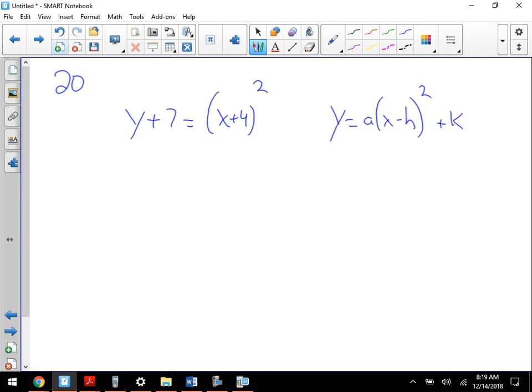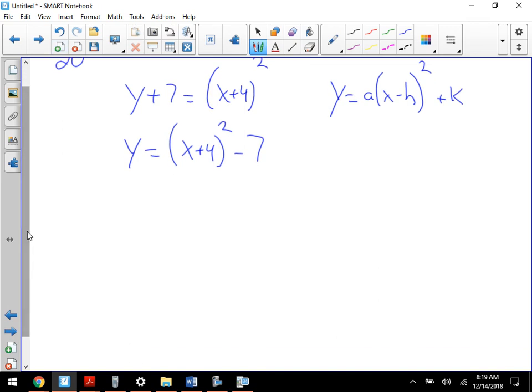Remember that? Where h and k were your coordinates for the vertex. The a value told you what? Direction again. Yeah, exactly. So in order to get it into that form, all I have to do is move the 7. So if y equals the quantity x plus 4, quantity squared, minus 7. Well, where's your vertex?